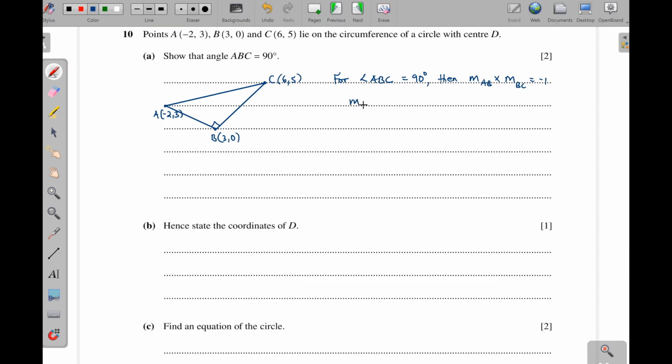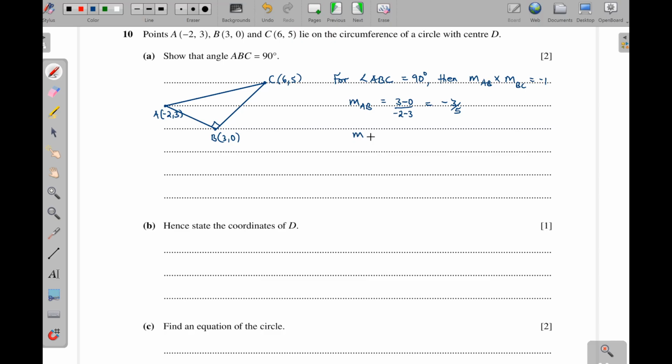Now let us look at the gradient of AB. Remember, we get gradient by getting the change in y. So 3 minus the 0, then out of the change in x, negative 2 minus 3. So this whole thing becomes negative 3 over 5.